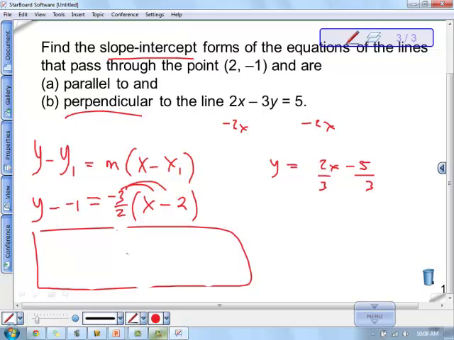If I distribute that, this becomes negative 3/2 x plus 3, and this is y plus 1. So I'm going to subtract 1 from both sides. When I subtract 1, 3 minus 1 is 2. So this becomes my equation right here for part B, a line perpendicular to this line through this point.